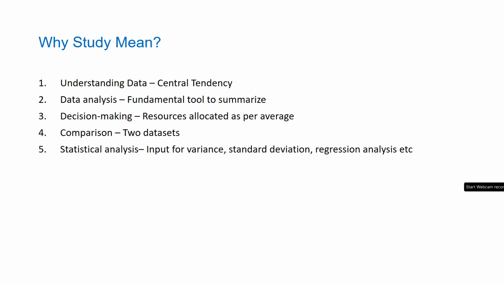If the mean for data set 1 is higher, we could conclude that the observations in data set 1 are greater in value. Finally, mean can also help in further statistical analysis like calculation of variance and standard deviation.